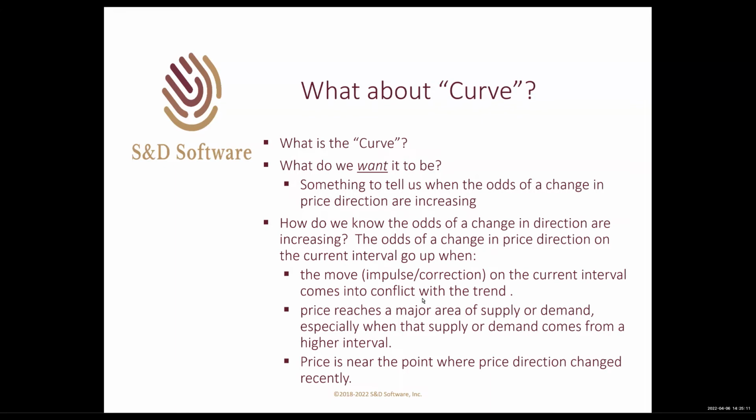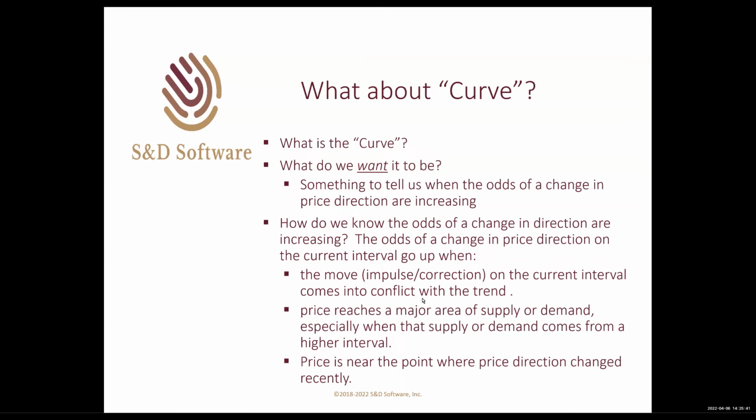So for instance, if we're in a downtrend and we have our lower highs and lower lows, and we're in a correction, and we are approaching the point where the correction is going to break the pattern, then if the trend is going to continue, price is going to have to change direction, and we're going to have to get into that next impulse downward.